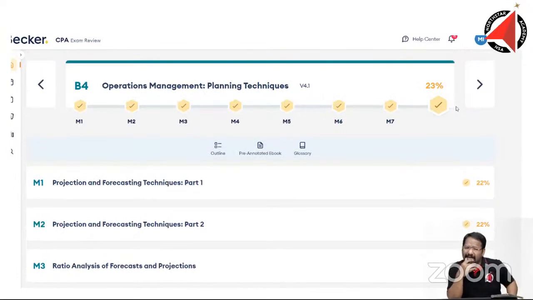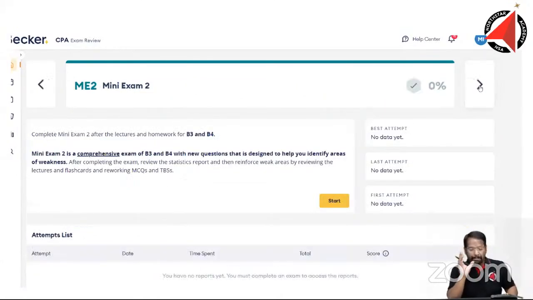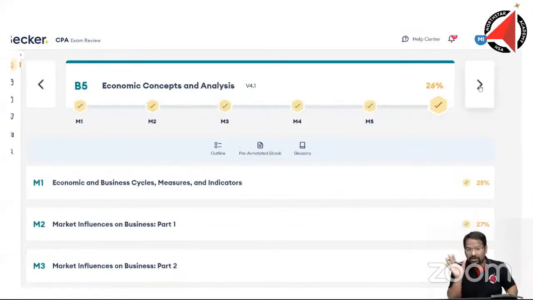But sir, you said to think of BEC as a theory subject. Why? Because you said B2 is practical, B3 is practical, B4 also appears practical. Why do you want it to be theory? Because from these practical chapters also, you will find a lot of theory questions picked up in the exam, and that should not surprise you.